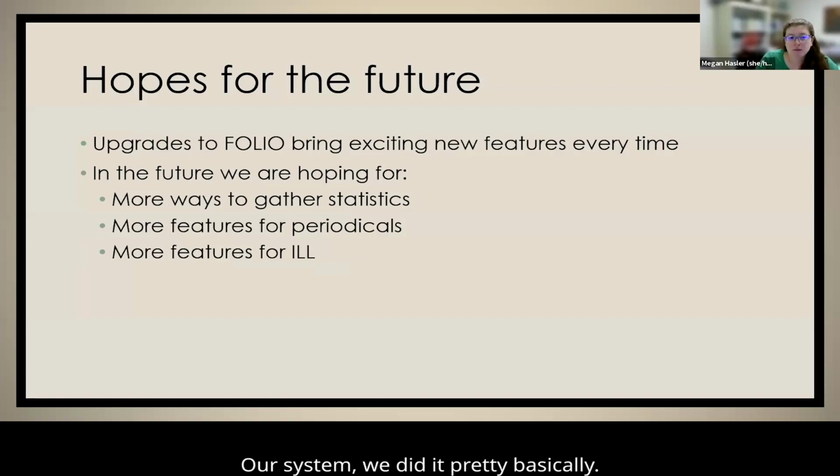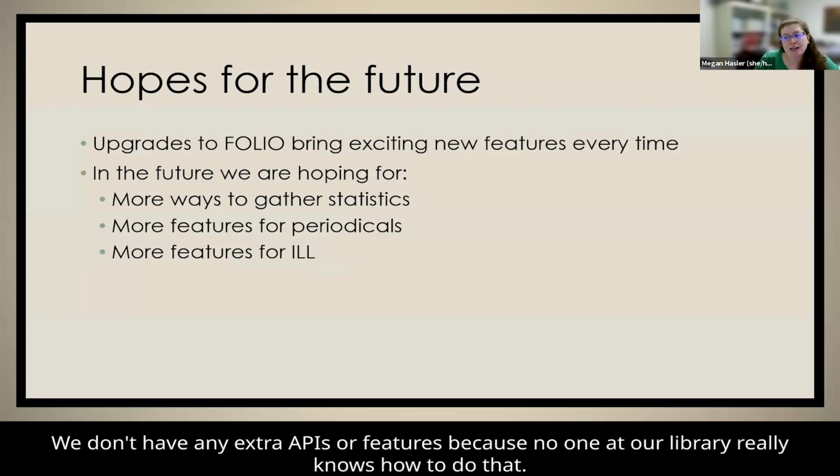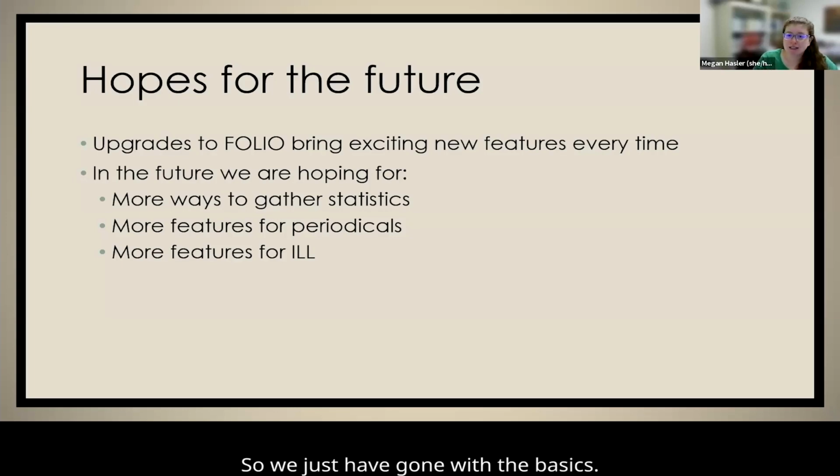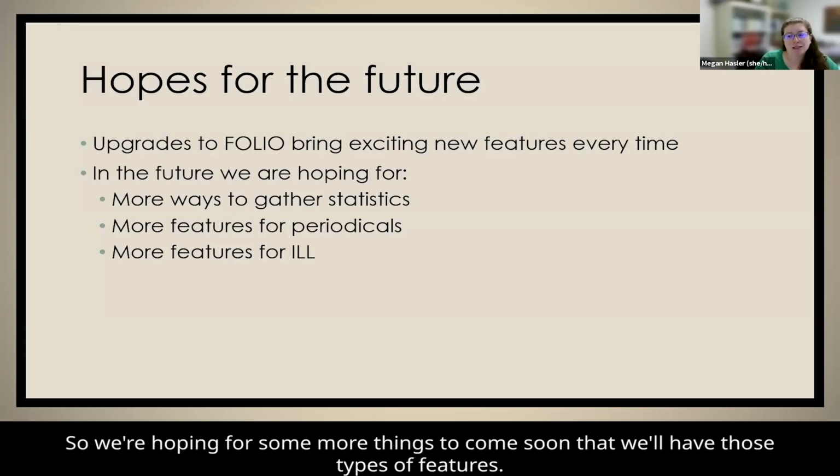Our system, we did it pretty basically. We didn't do anything extra. We don't have any extra APIs or features because no one at our library really knows how to do that. So we just have gone with the basics. So we're hoping for some more things to come soon that will have those types of features.